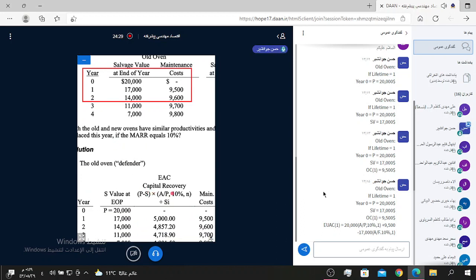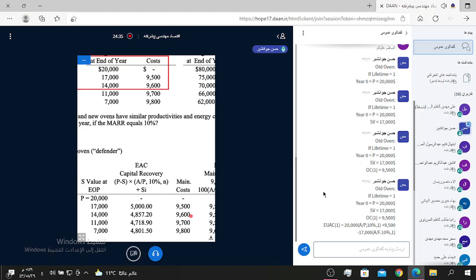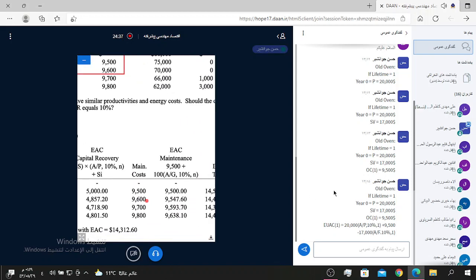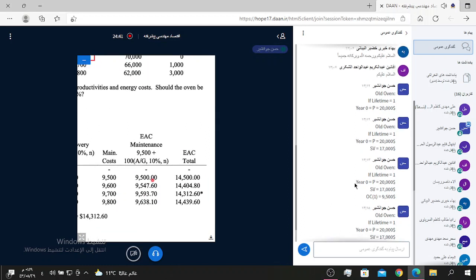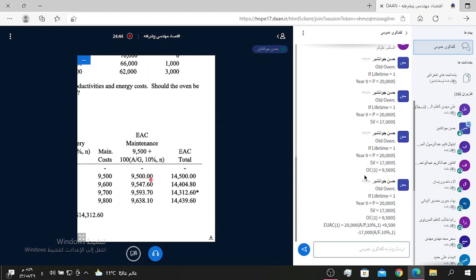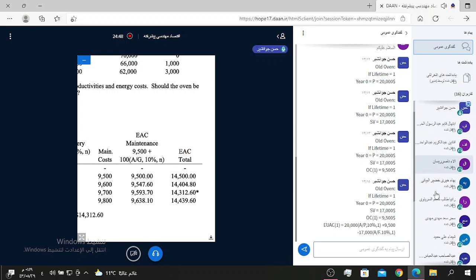For the capital recovery, P minus S, plus maintenance cost, and you can find EUAC total.